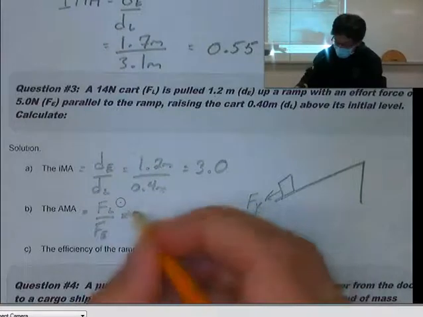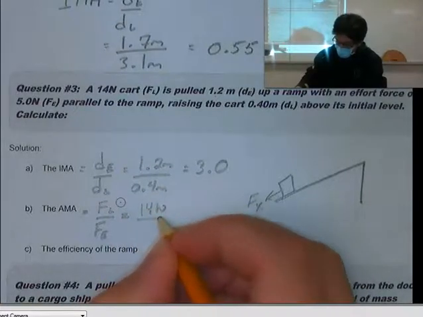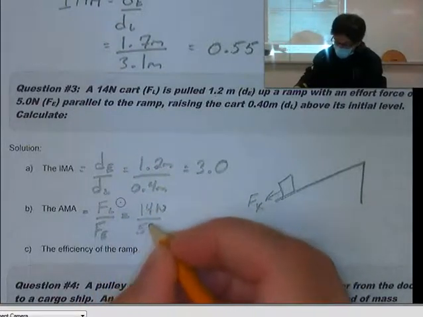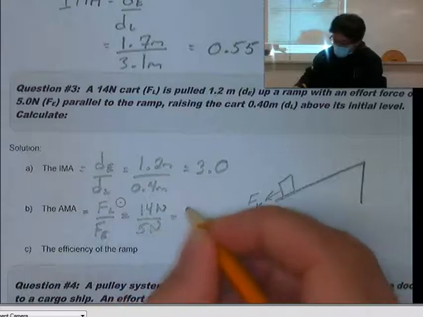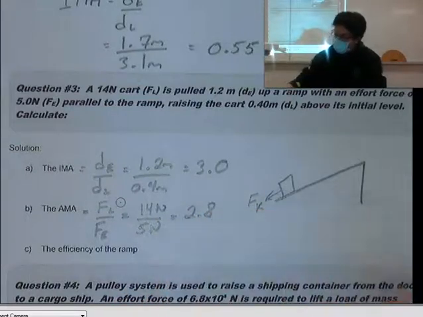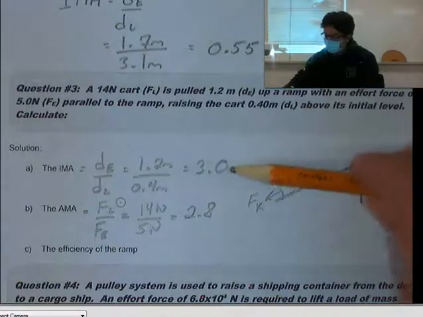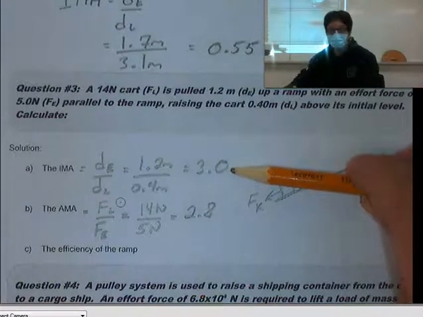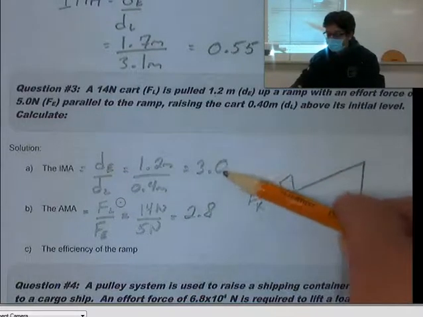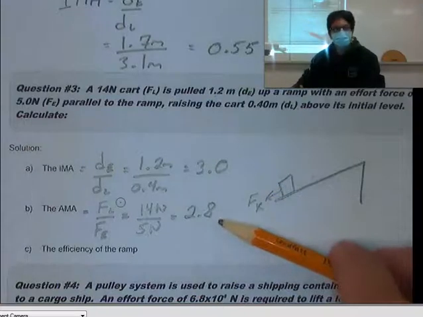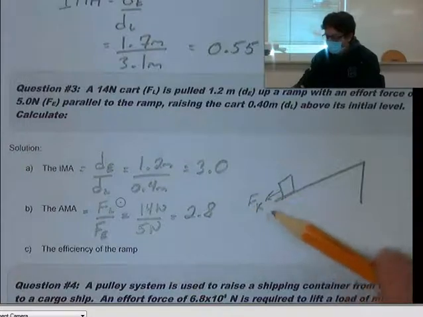Our forces are 14 newtons over 5 newtons, which is actually only 2.8. So even though it should only take us 1/3 the amount of force to push it up, it actually takes a little bit more than that because of those frictional forces.